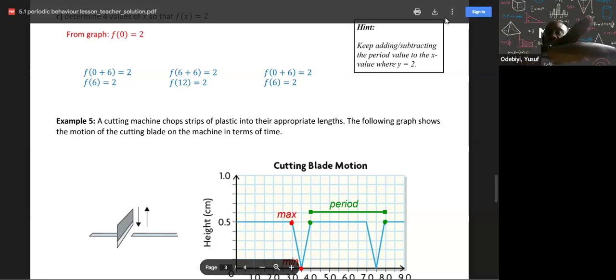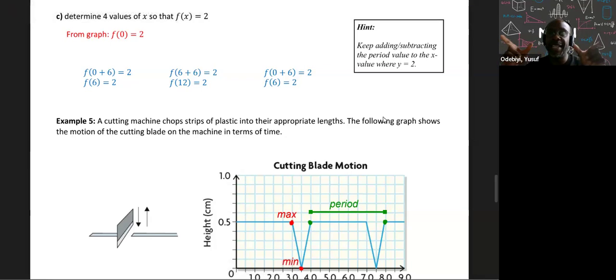If it took me 3 seconds to come down, I should be doing that in a repeated way. And that's what's happening here. Okay. So it's a periodic function because my Y, which is maybe my height, is coming down and going up. There's a cycle. And then maybe the cycle is based on the time.